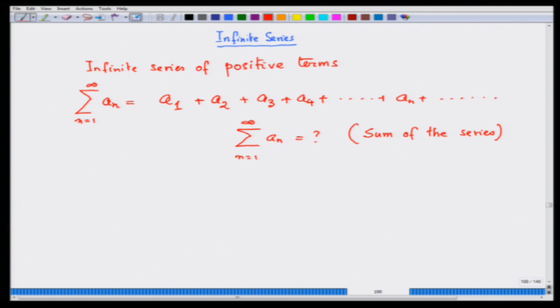So, essentially we are creating an increasing sequence. So, I will take, say, S1 is equal to A1, S2 is equal to A1 plus A2, and Sn is equal to A1 plus A2 up to An, and it goes on. So, I have formed a sequence. This is called a sequence of partial sums.